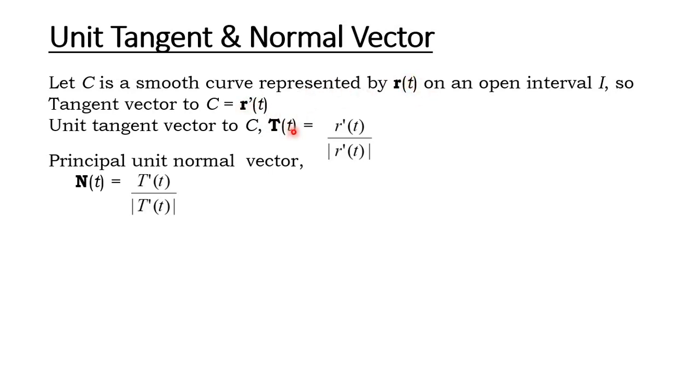If you differentiate, you still get a vector-valued function of t. So the unit tangent vector will be r'(t) divided by the magnitude of r'(t).